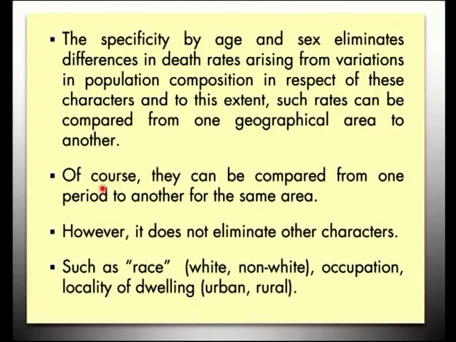So, that also has to be considered when we talk about deaths. Of course, they can be compared from one period to another for the same area, because during a rainy season the death of people is more compared to summer, isn't it? However, it does not eliminate other characters such as race, white, non-white people, occupation, locality of dwelling, urban, rural, etc.